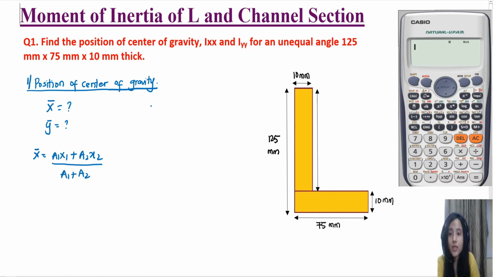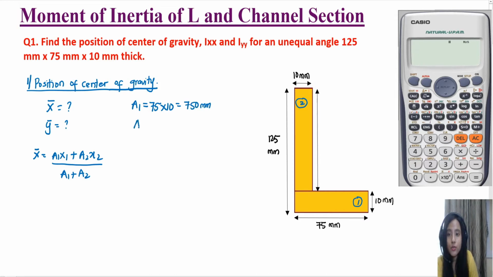So let us first find areas. A1 will be equal to, let me name this as section 1 and this as section 2, right? So my A1 will be equal to 75 into 10, which will be equal to 750 mm².